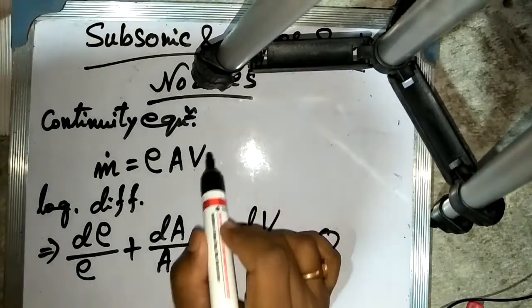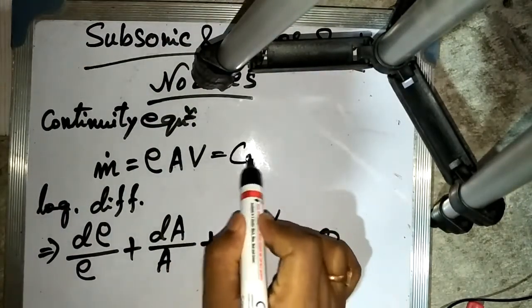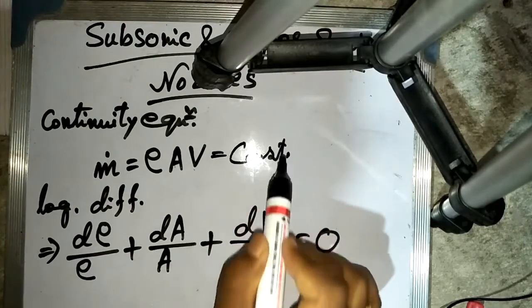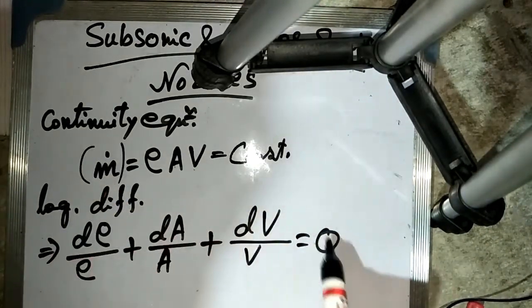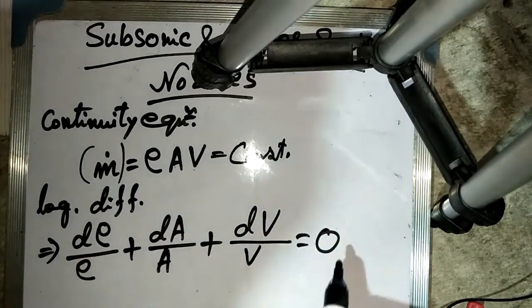Since the mass flow rate is constant, its differentiation is 0.